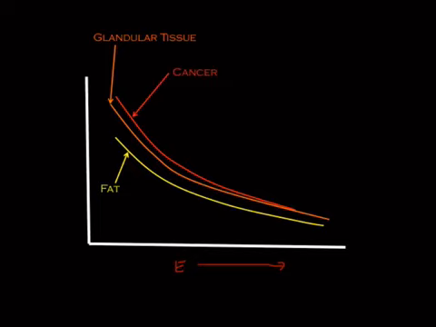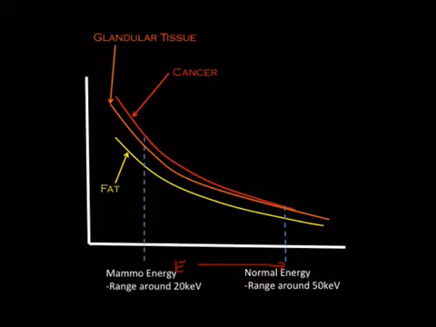And you can see that down here at normal energy, which is the typical energy used for diagnostic X-ray, which is around 50 keV, they are basically right on top of each other. So you have to use a lower energy here, around 20 or so, to be able to see where they're separating out.